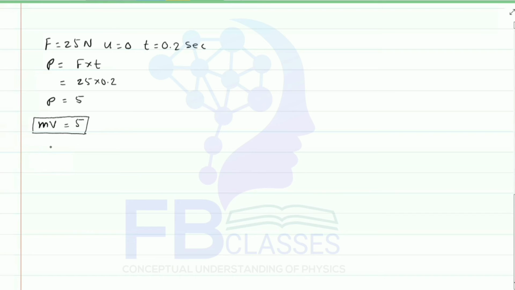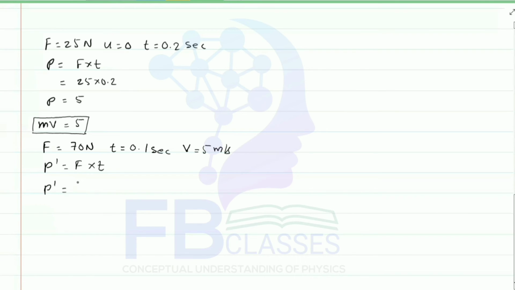Okay, the second case, F is given as 70 Newton and t is equal to 0.1 second and v is equal to 5 meter per second. Now in the second case, momentum p dash is equal to F into t again. So p dash is equal to how much, my dear?